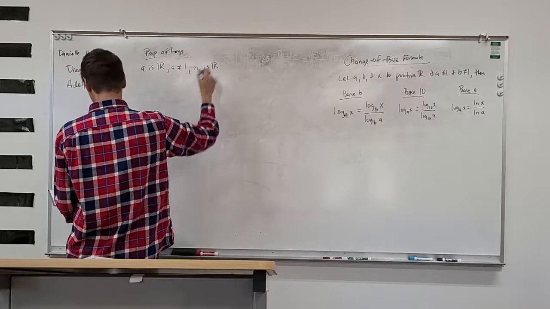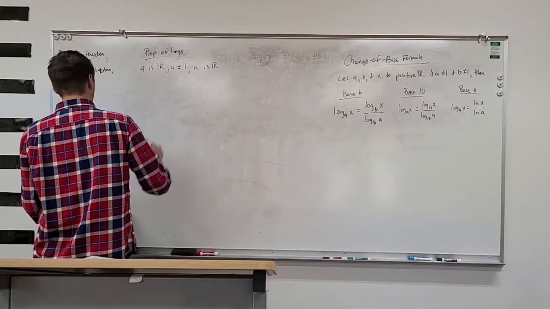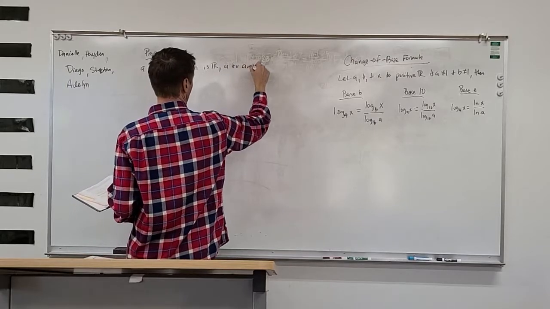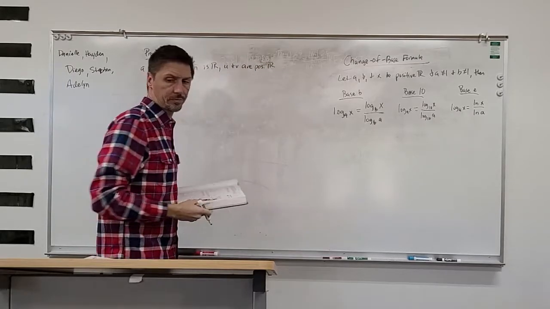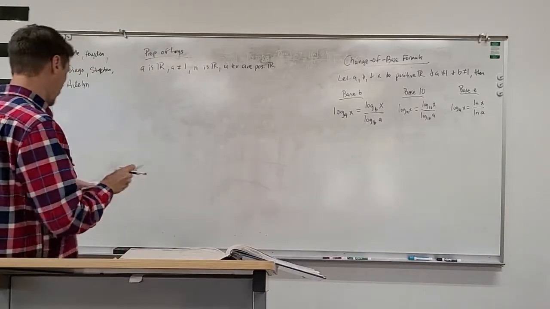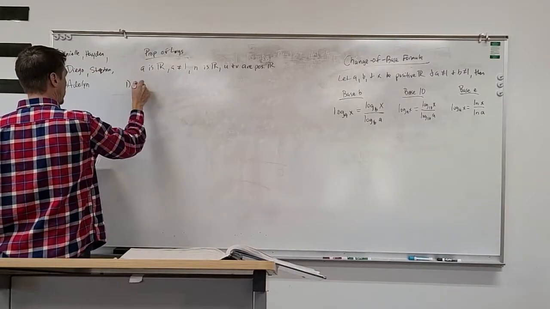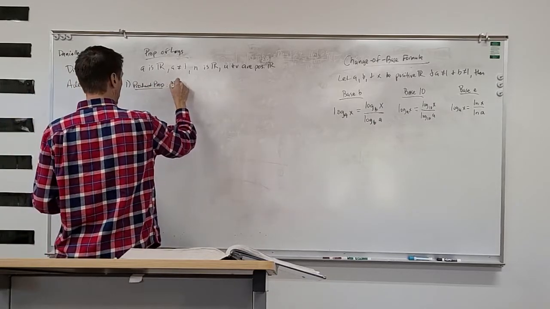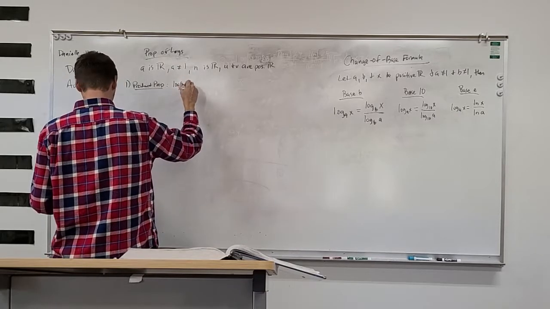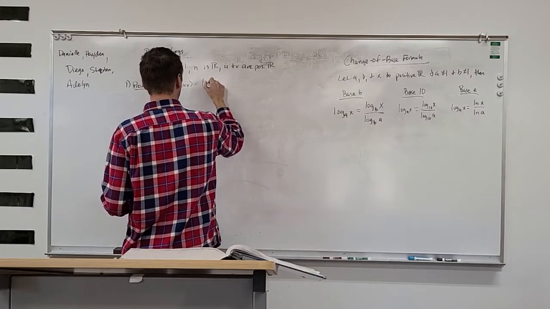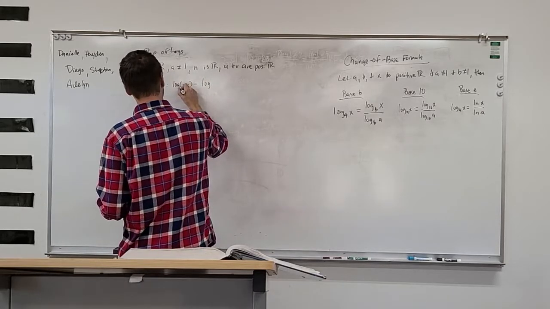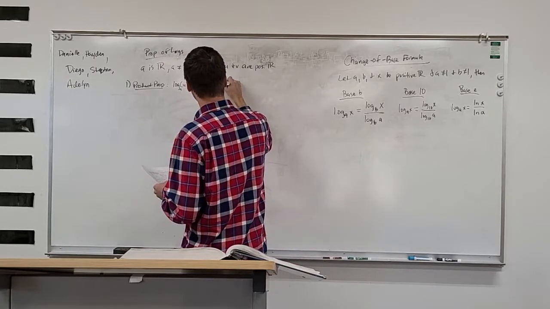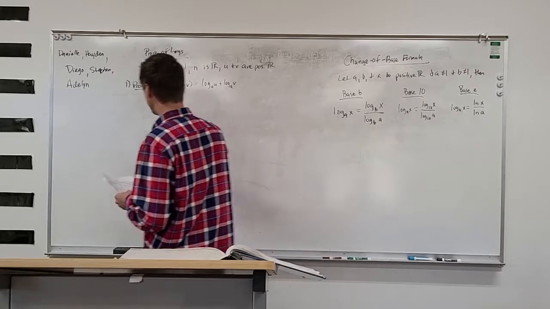If those are true, and u and v are positive reals, then we can say the following. The product property says that log base a of u times v is the same as log base a of u plus log base a of v. All right, that's the product property.